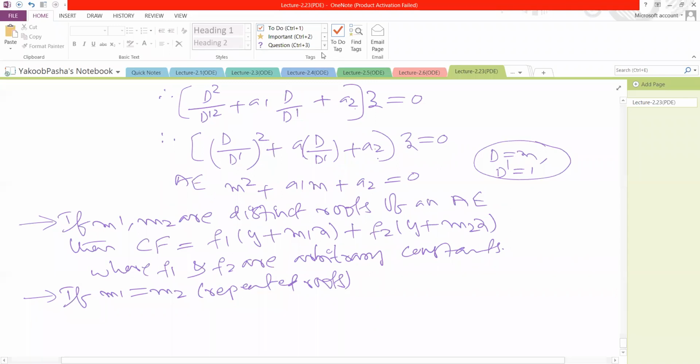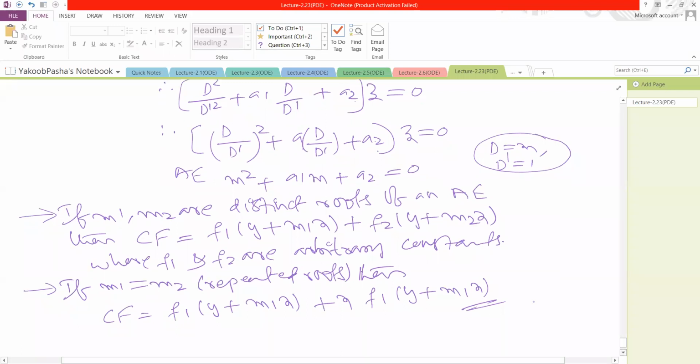When the roots are repeated, then the complementary function CF is equal to f1 of y plus m1x plus x into f1 of y plus m1x, since either m1 or m2 can be taken as both are the same. When the roots m1, m2 are repeated twice, in this case we can write like this. This is for two roots.